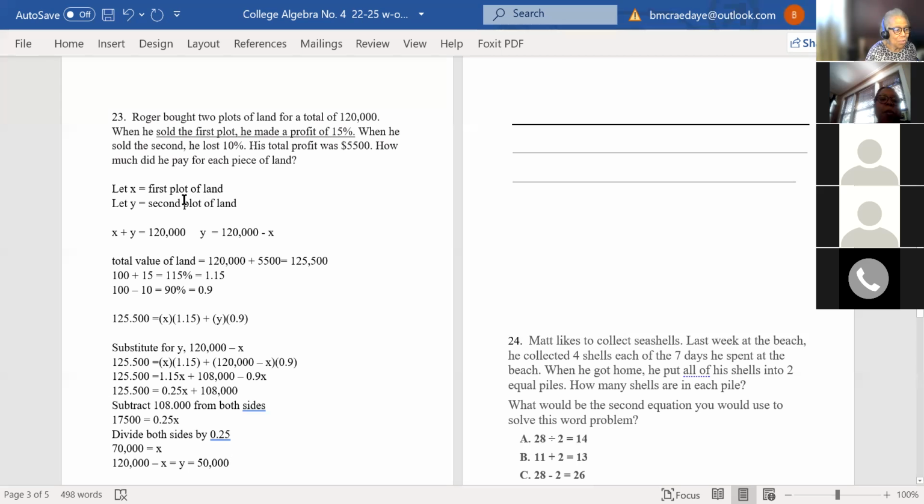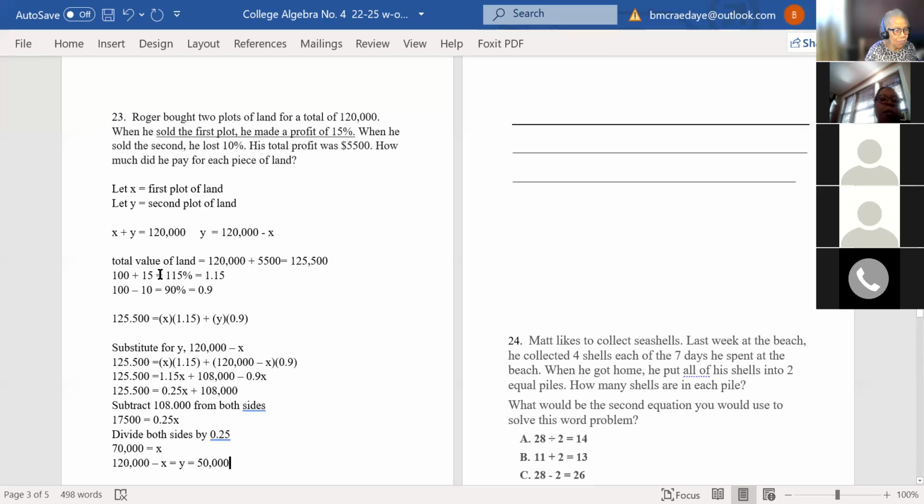Okay, so just to review, two plots of land, you know what they cost together. You know the profit: 15% on one, lost 10% on the other, total profit 5,500. So the total price of the two pieces is 120,000, but when you add in the profit, you have 125,500.